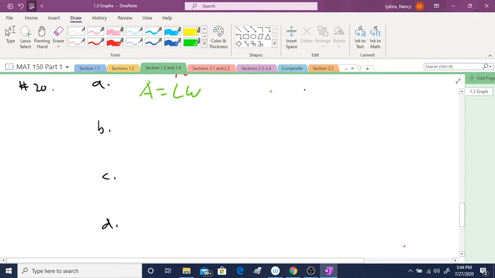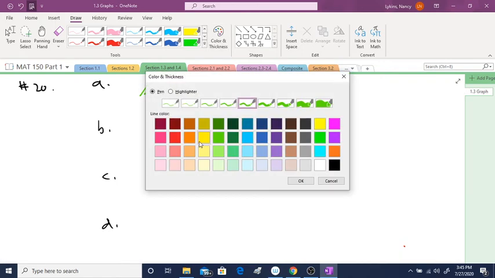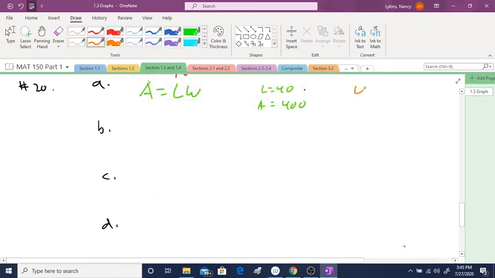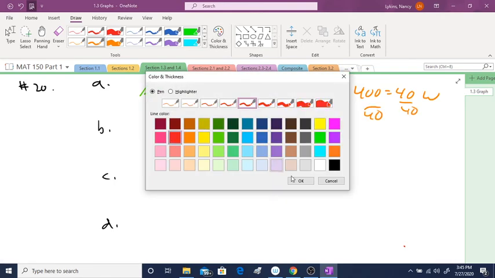If we know the length is 40 and the area is 400, that means 400 equals 40 times W. We need to solve for W. So that means we need to divide by 40. In this case, W is 10.